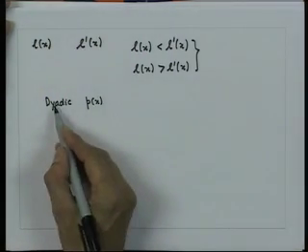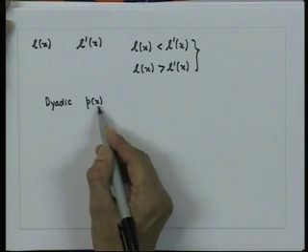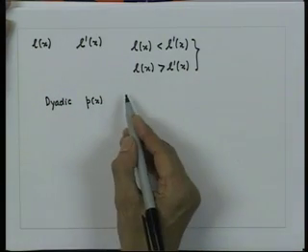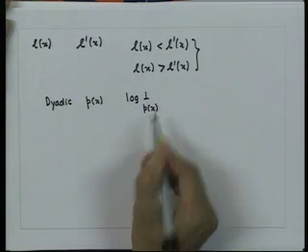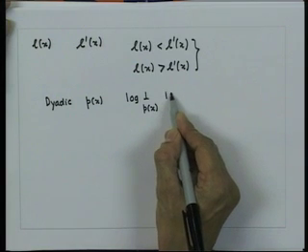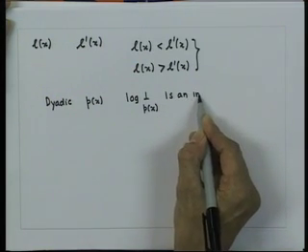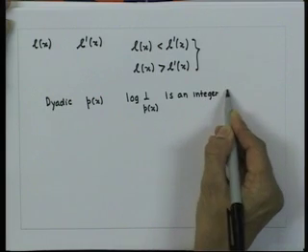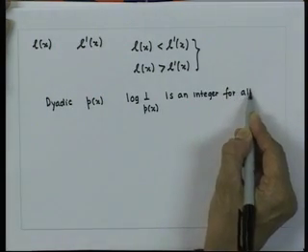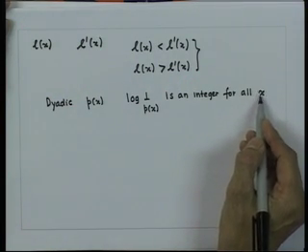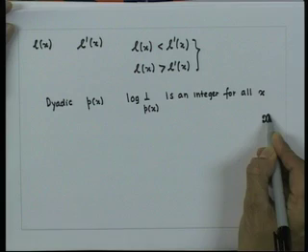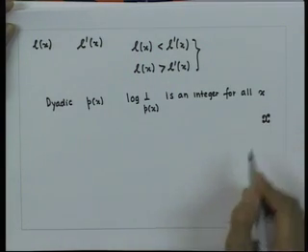Now, a probability mass function p x is dyadic if log of 1 by p x is an integer for all x, where x comes from a discrete alphabet.